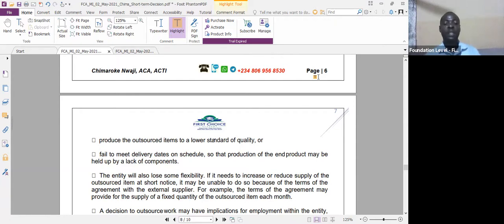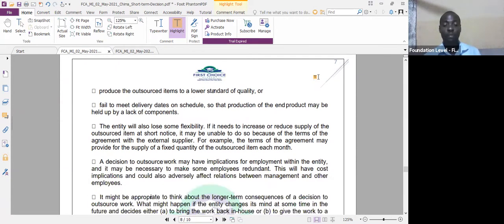Then there is a loss of flexibility when the product is outsourced. The decision to outsource work may have implications for employment within the entity, and it may be necessary to make some employees redundant because now something that you're supposed to be giving them to do, you have outsourced outside. So ask them, do they have any job? No, some employees may not have a job, especially if they are specialists in doing just that part that you outsource.